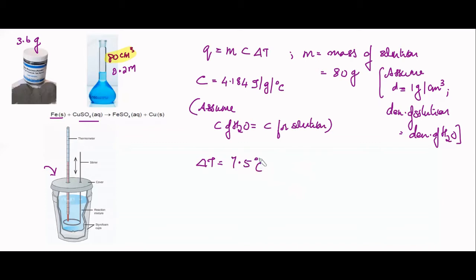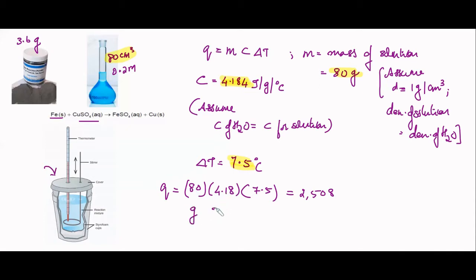Now just plug in the numbers and do the calculation. So Q will be equal to mass is 80, c is 4.184 or 4.18, temperature is 7.5. So 80 times 4.18 times 7.5, I'll be getting it as 2,508. The unit for 80 is grams.